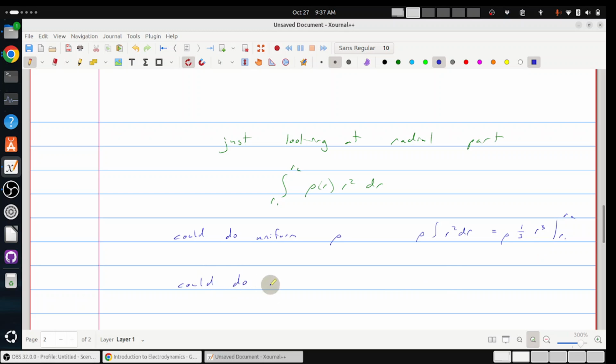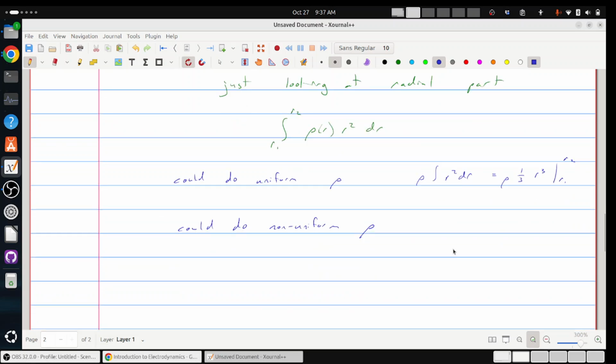But I could also do a non-uniform charge density. Let's use a charge density which is equal to C times r. Now, just to put this into some other terms, at the very center, r is equal to 0, and so rho is equal to 0.